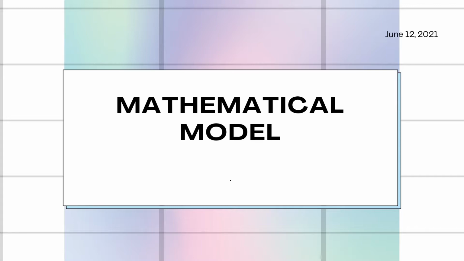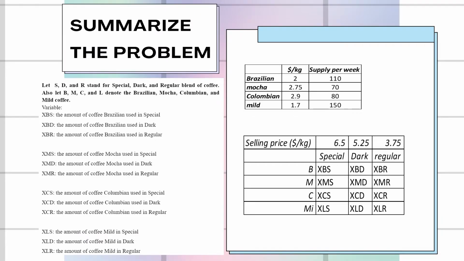In this problem, our parameters are the selling price, the mixture requirements, the cost, and the available kilograms per week. The selling price is $6.5 per kilogram for special, $5.25 for dark, and $3.75 for regular.